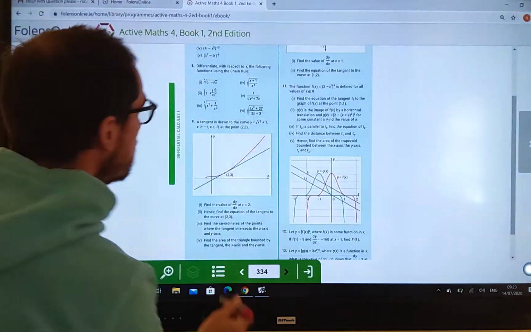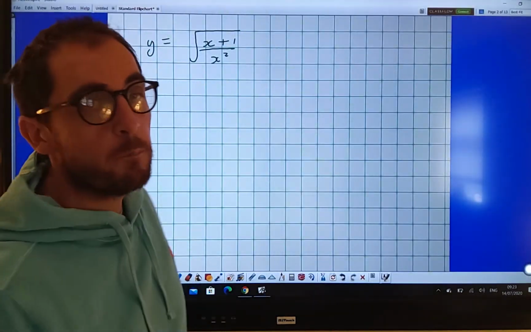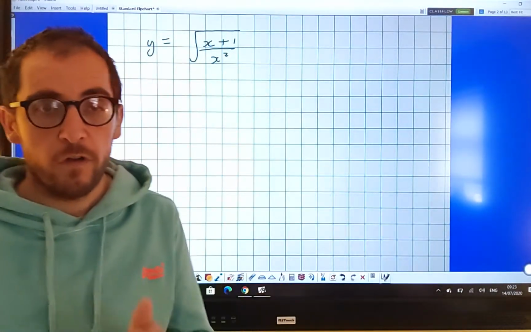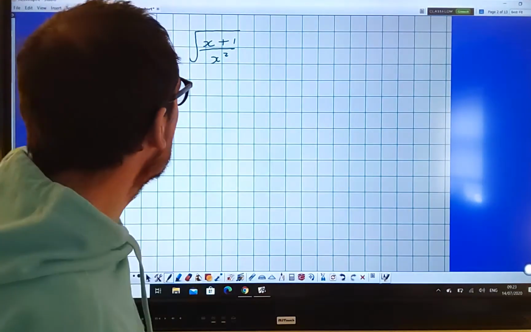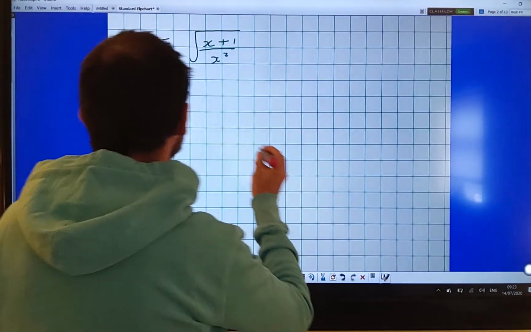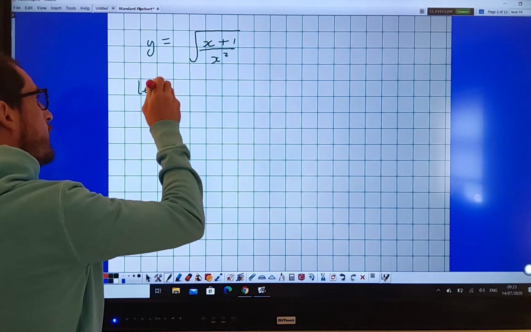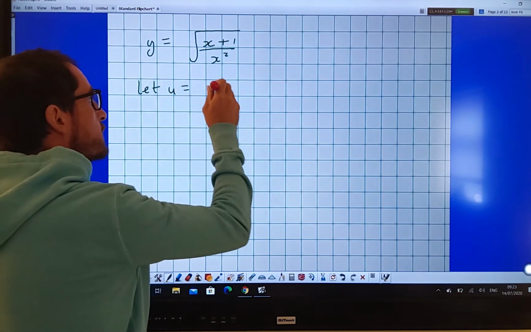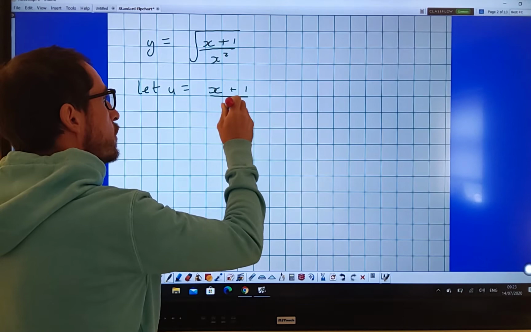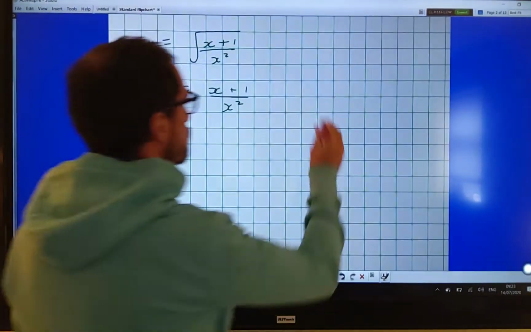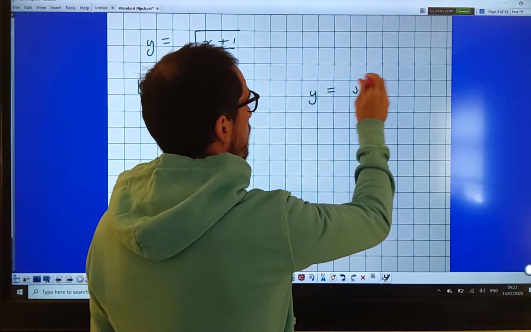Now, in this question, you're actually going to be combining the quotient rule with the chain rule. So you have to start off and say as follows. Let u equal x plus 1 all over x squared. So now y is equal to the square root of u.